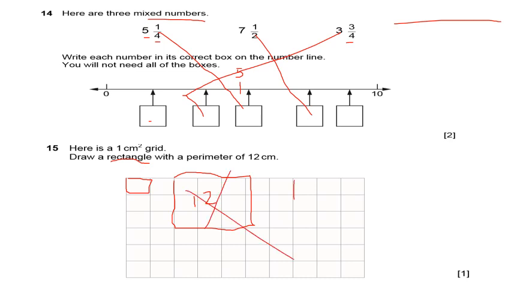My rectangle will be 4 by 2. 4 by 2 will give me a perimeter of 12. Another solution could be 5 and 1. So I could have 5, 1. Again it has a perimeter of 12, and this also would be right. So it's either this or this.